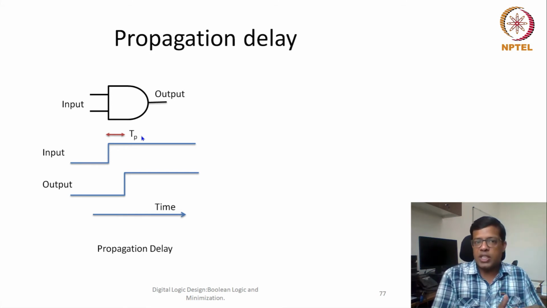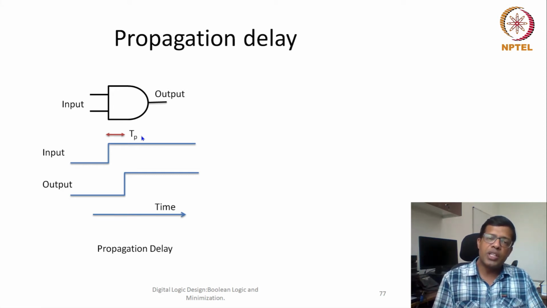Whenever the input changes, the output will not change instantaneously. Why? On a very high level, we can understand this as a sort of inertia, so we also call it inertial delay: things that are at rest would like to stay at rest. So it will take some time to change the output level from 0 to 1 and 1 to 0.